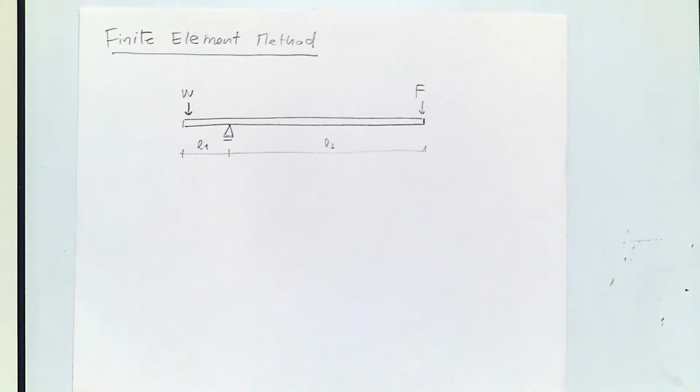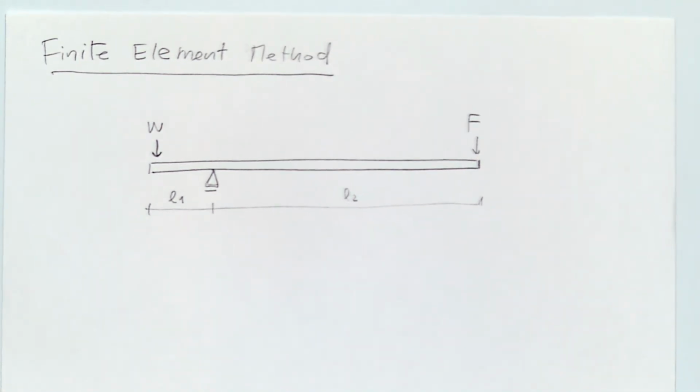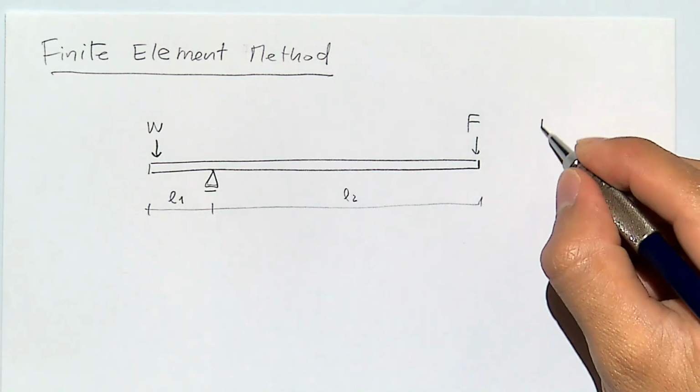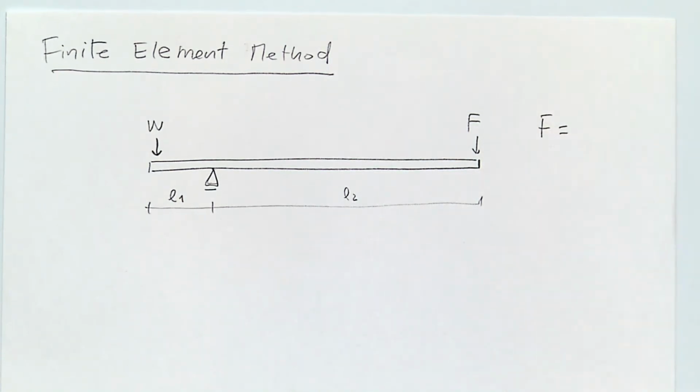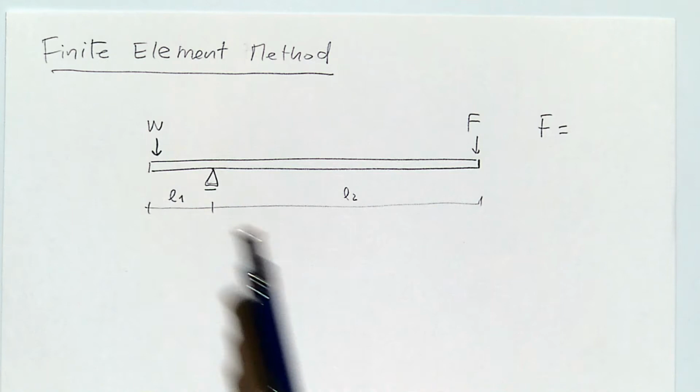I'm sure you know how to do this. This is statics 101. I want to know what is the force. What does the force depend on? How many times the weight?